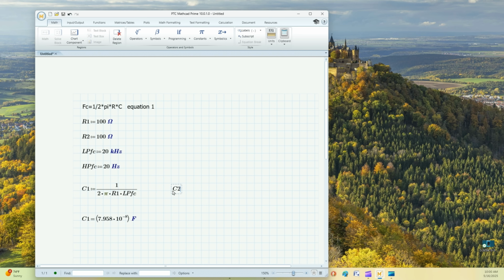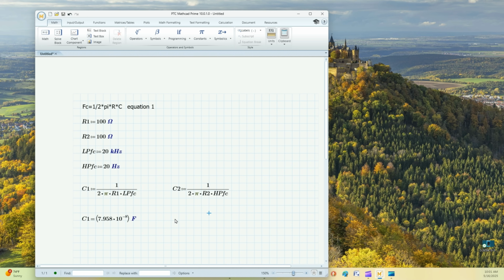C2, shift colon, equals 1 divided by 2 times pi times R2 times HPFC, which is 20 hertz.